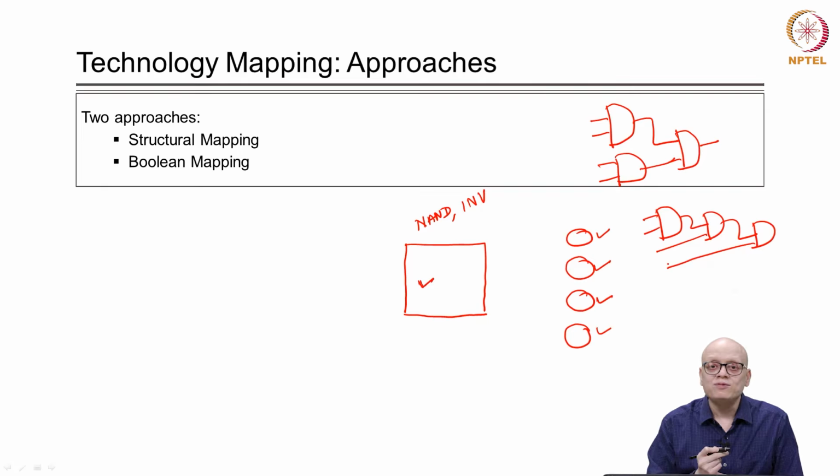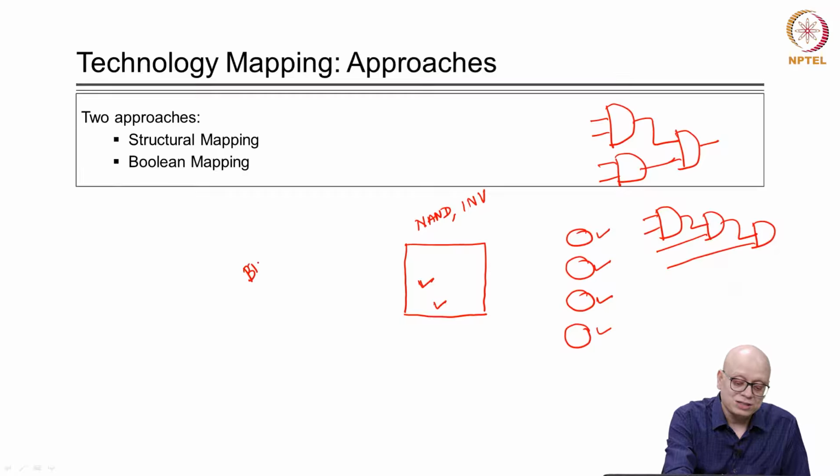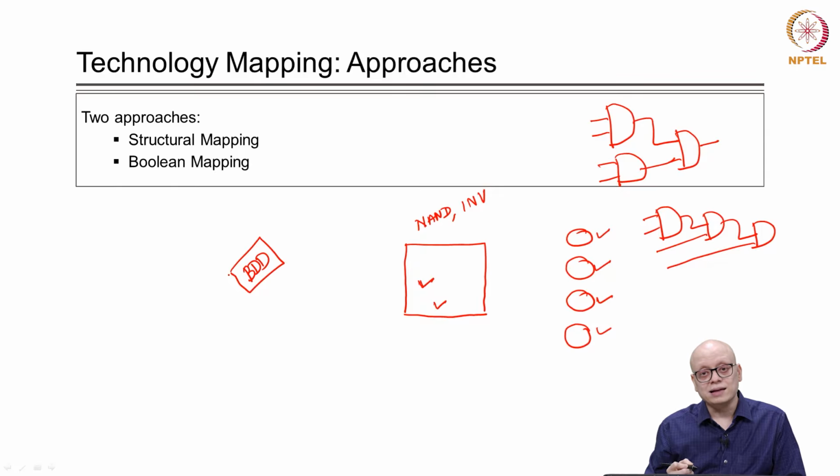In Boolean mapping, the functional equivalence of the portion of the netlist and the library cells are compared using Boolean methods. For example, both can be represented using, say, BDDs, and we have seen earlier that BDDs are canonical, and therefore the equivalence of two functions can be tested very easily.